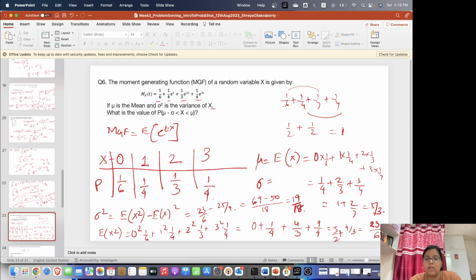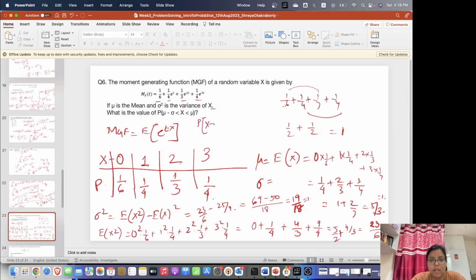19 by 18. So then this will be something close to 1 point something. Alright, and our mu is also close to how much? 1 point. It's exceeding 1. Okay, so this one we have to find out now.